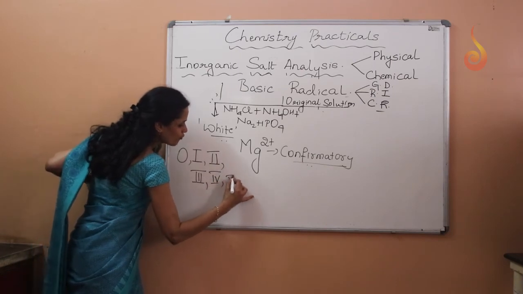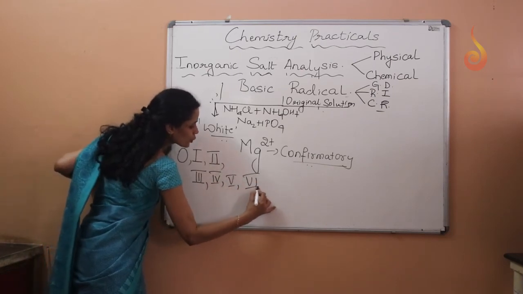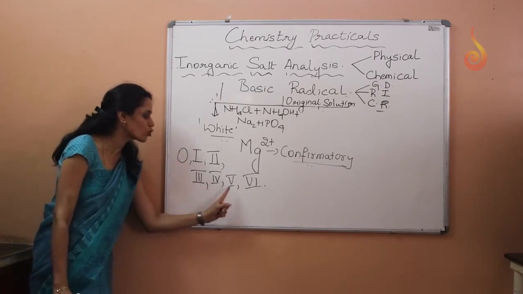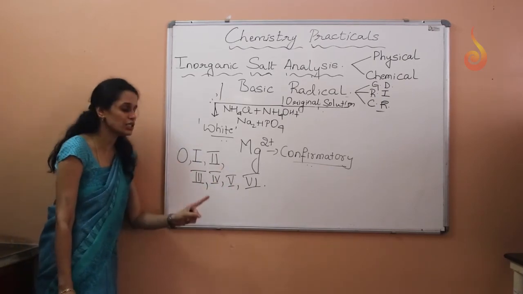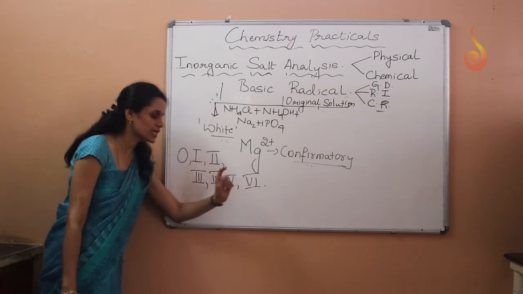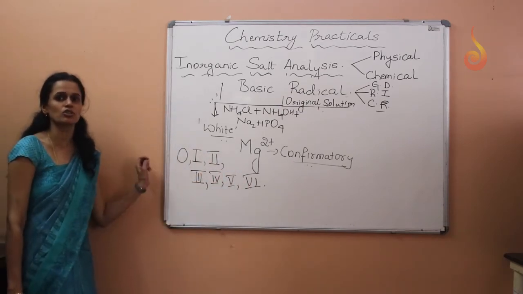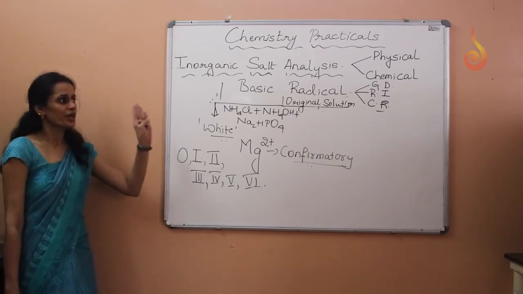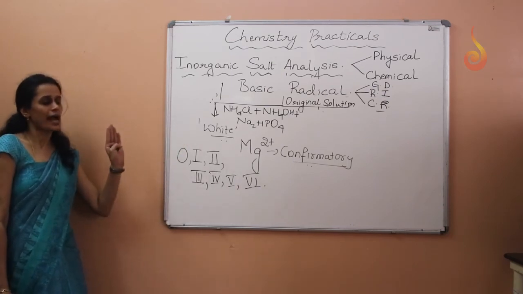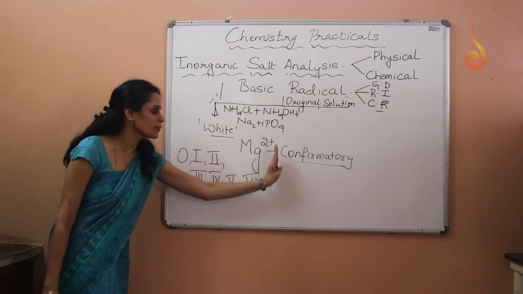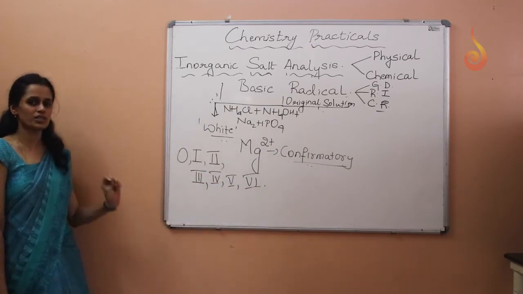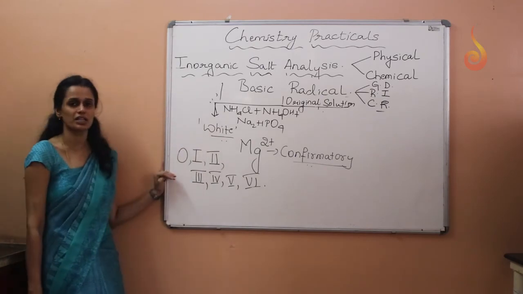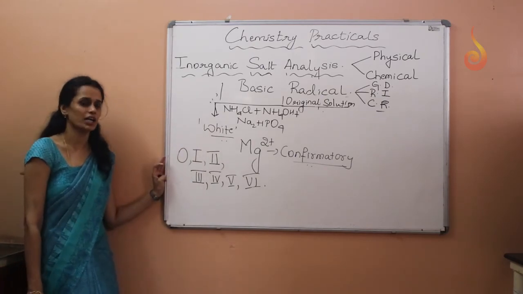Similarly, we'll go for the other groups also. So if there are no radicals from zero to fifth group, finally we'll conclude that the basic radical belongs to sixth group itself. So the group detection test, radical identification and confirmatory test for magnesium ion are the same. That's it. There is no special confirmatory test for magnesium ion.